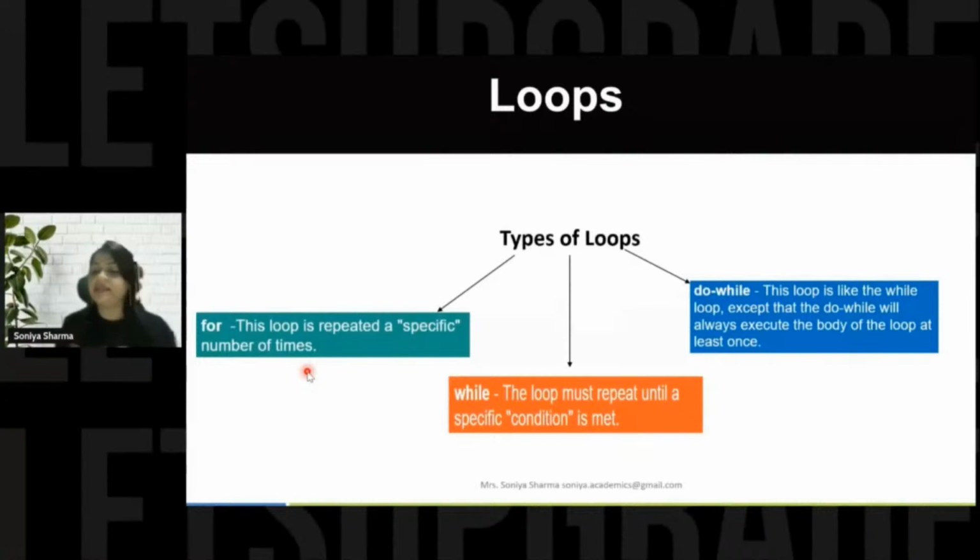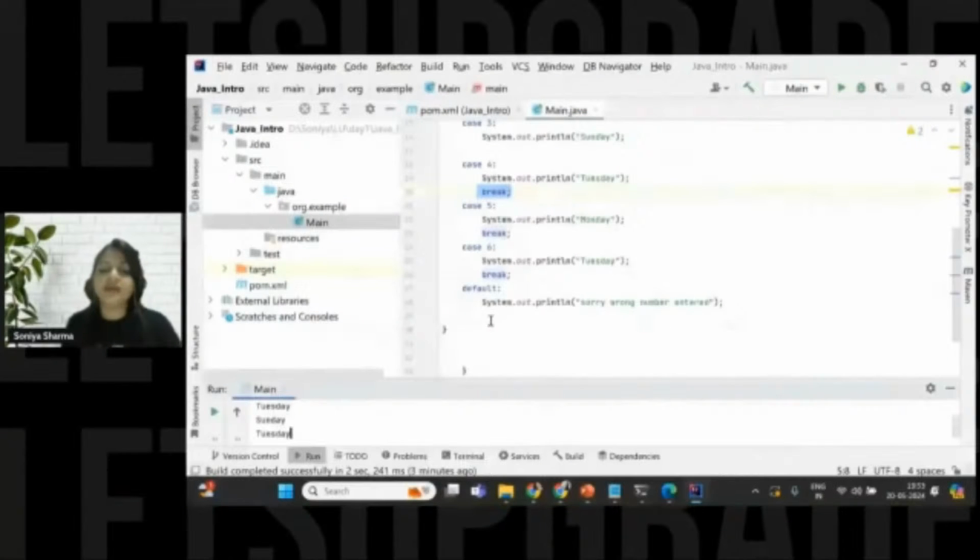And when you know how many times the loop will be executed, you have to use the for loop. That's the way it is. And do while loop is used when you want the loop to be executed at least once, even if the condition is wrong. Then this do while loop is used. Let me give you a demo of all the three loops.